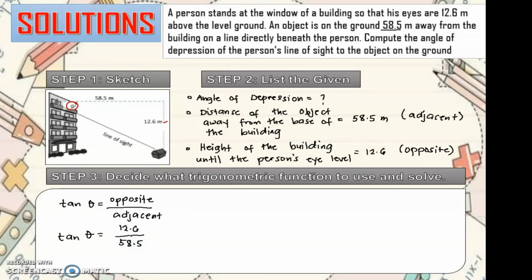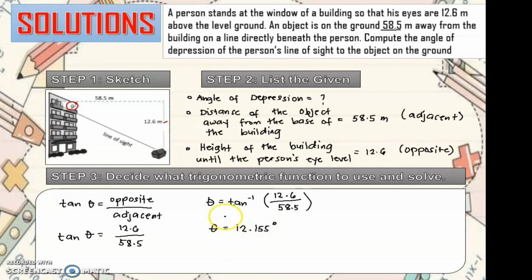So with this class, since we are looking for the angle, we're going to have the inverse function. So theta equals inverse tangent. In the calculator, you're just going to press shift tan so that you can get the inverse function, then input 12.6 over 58.5, and the theta here, class, would be 12.155 degrees.